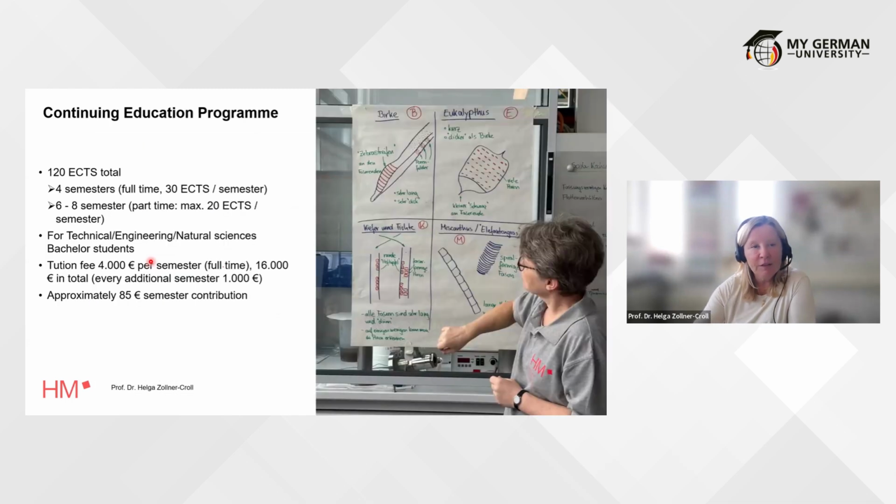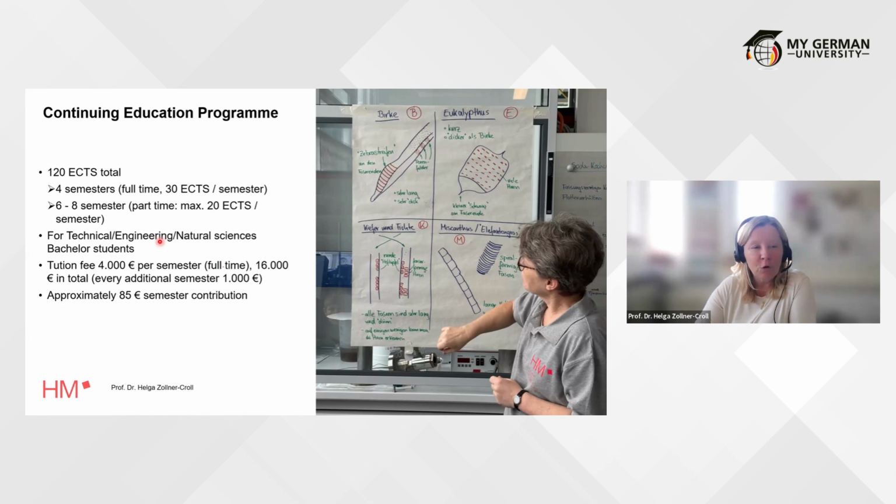I'm going directly into the continuing education program, which is the one with by far more students usually. It's a program which has a duration of 4 semesters. If you're a full-time student, that means 30 ECTS per semester and 120 ECTS in total.